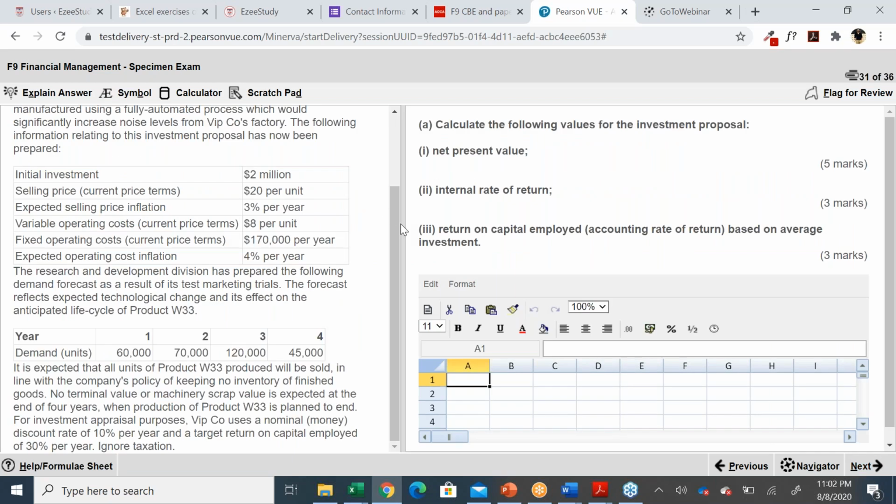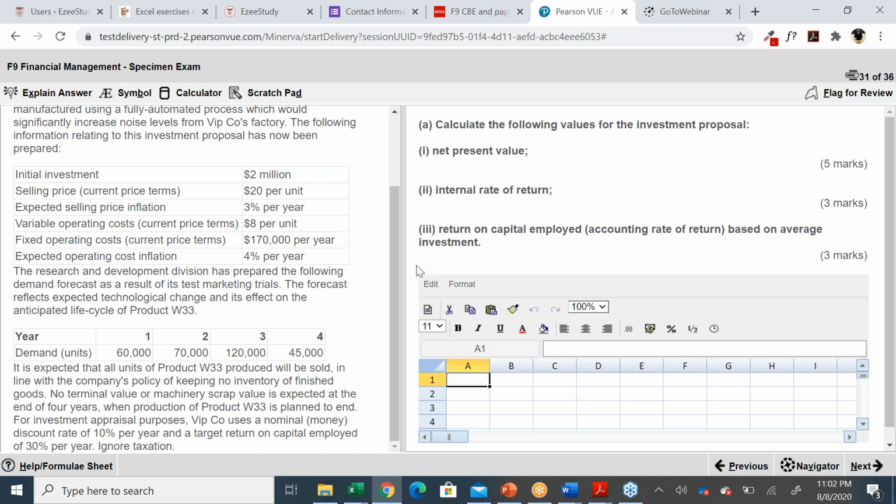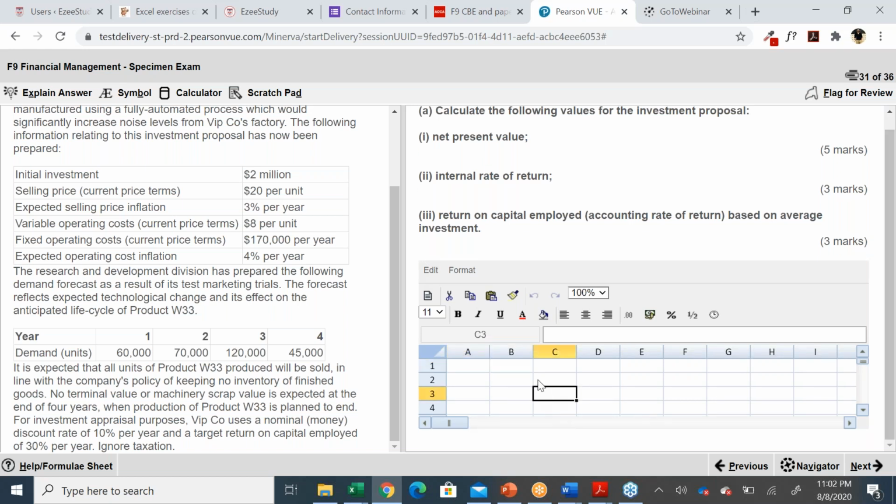Now it's section C. So this is the part that I really wanted to discuss with you about the formulas, right? We have NPV formula here. We can apply NPV formula, but just look at this.